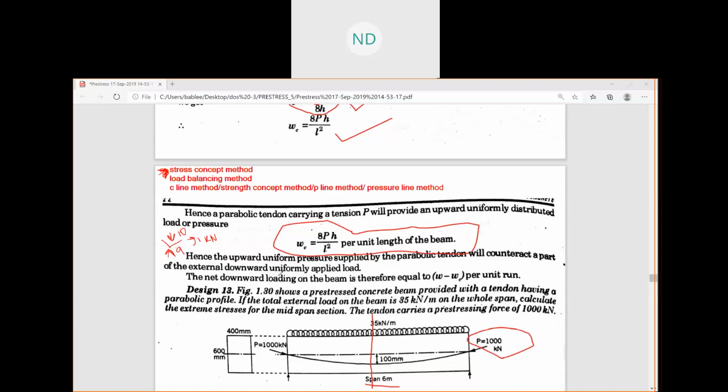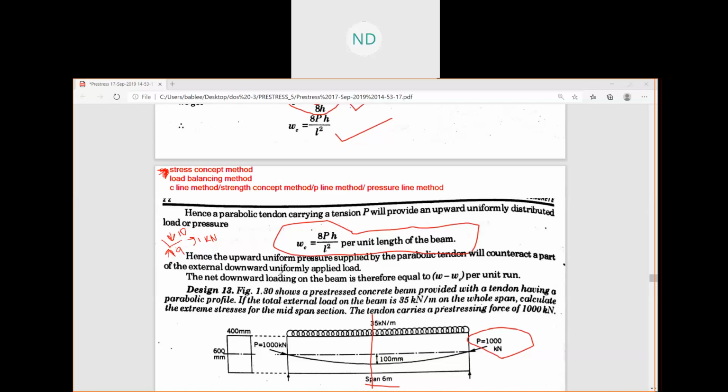You used to calculate the direct stress, that is, the uniformly distributed stress, and the stresses due to the moment developed by external loads, whether dead load, live load, etc. If there is an eccentricity, stresses were developed due to that moment as well.